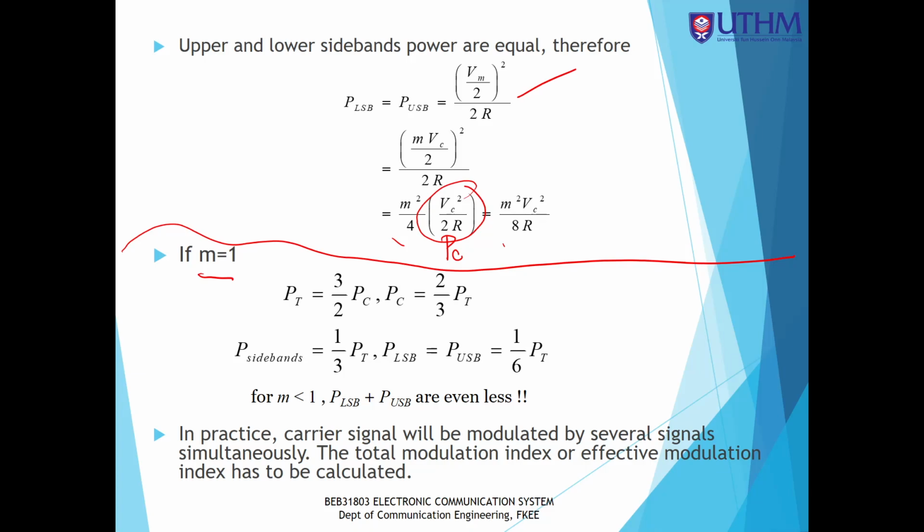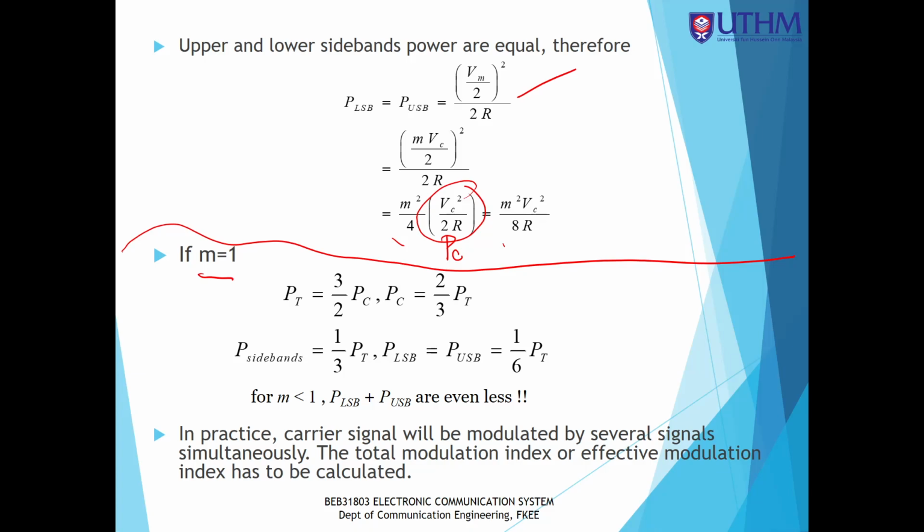So the remaining 1 over 3 of the total power belongs to the sidebands. Sidebands here means upper sideband plus lower sideband, kedua-duanya sekali. So the sideband powers, both of them, contribute 1 over 3 of the total power. So this is during the ideal case, the best case scenario.